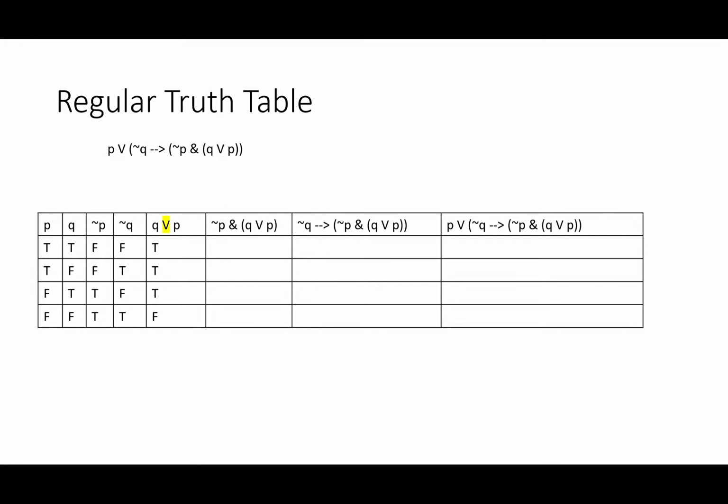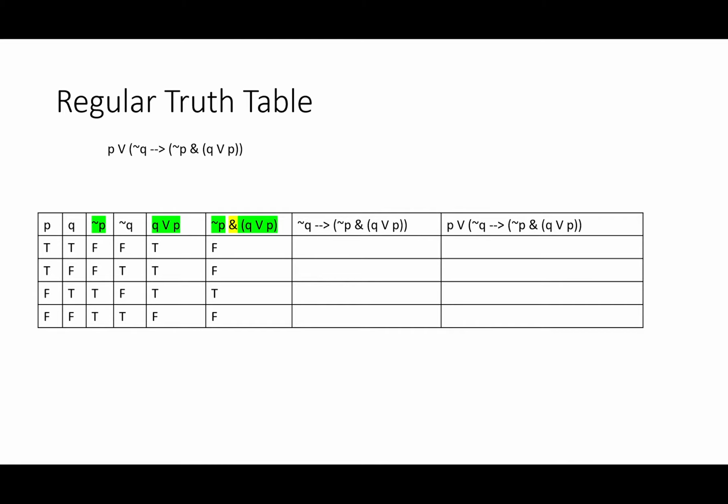For the third column that we have to fill out, V is our operator, and we look at both the Q and P columns as the input to determine our output in truths and falses. This next one gets us away from using the two basic P and Q. Instead, we'll look at the Q or P column and the not P column.